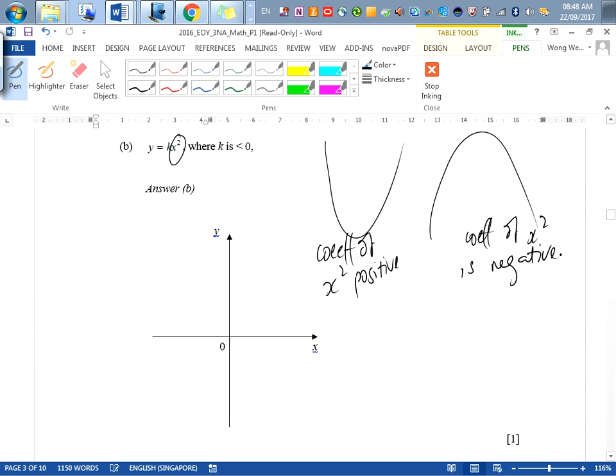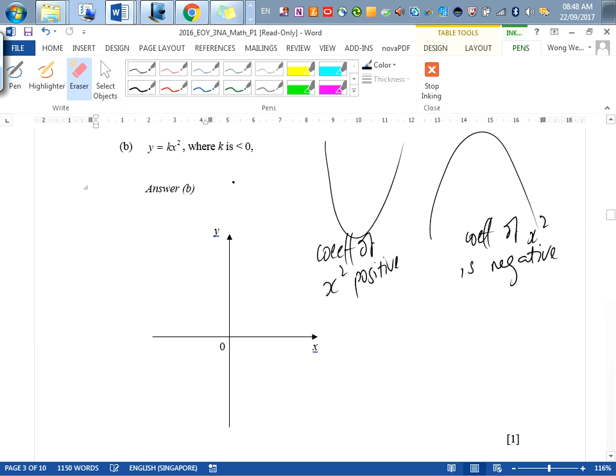Okay, now in our question, what is the coefficient of x squared? K. Is k a positive or negative number? Why are you so sure, Irfan? Because it doesn't have a negative sign, is it? But what did they say? K is less than 0.